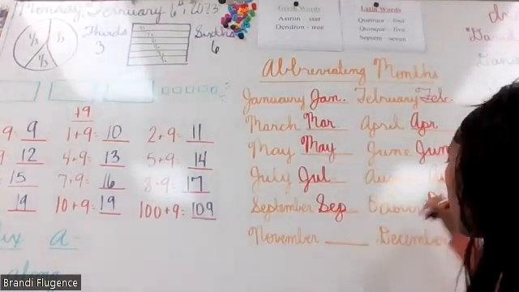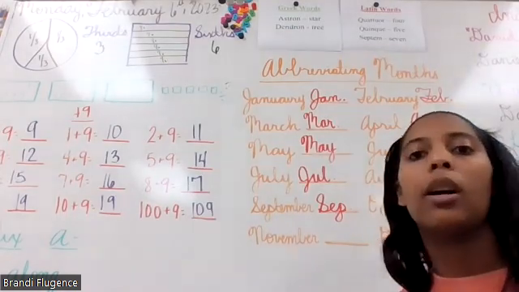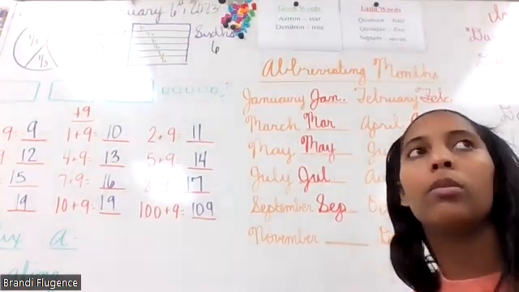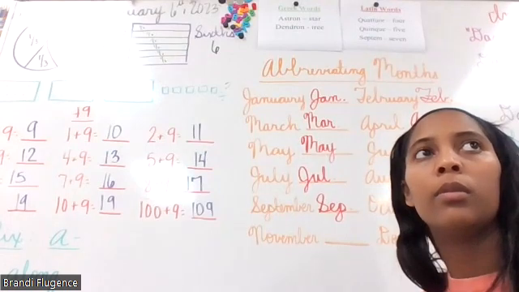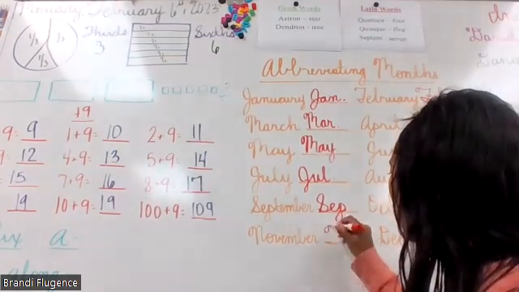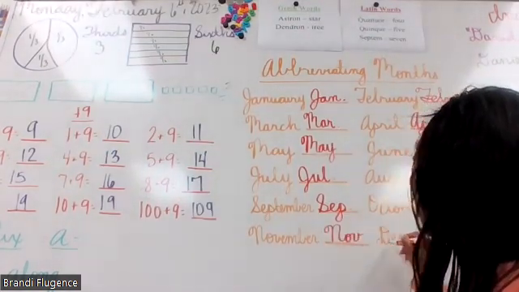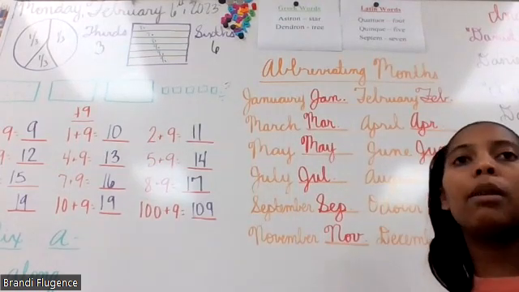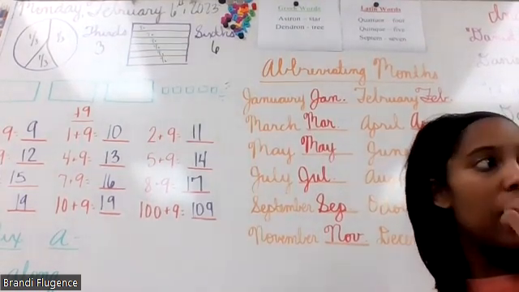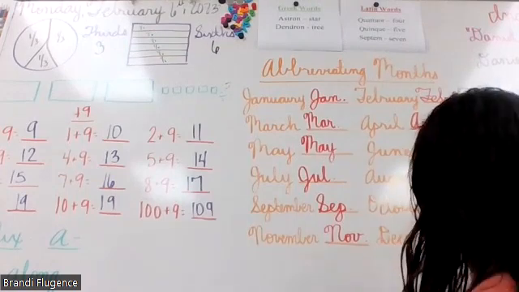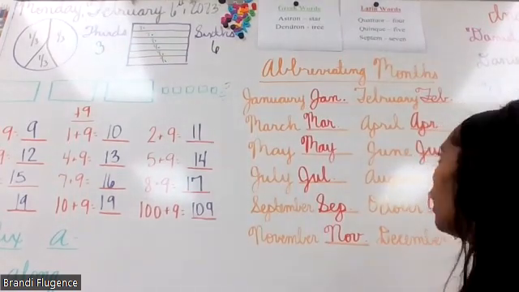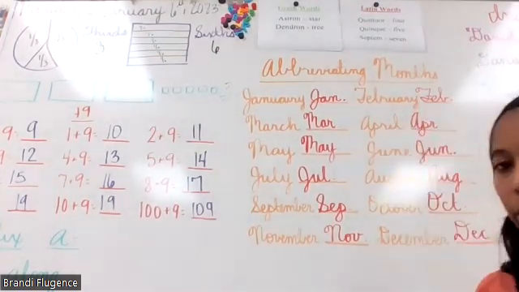Capital O-C-T dot. November. How will we abbreviate November, Cairo? Capital N-O-V dot. And then we have December. How do we abbreviate December? Capital D-E-C dot. Good. All right, so I want you to write this down, guys, the abbreviations.